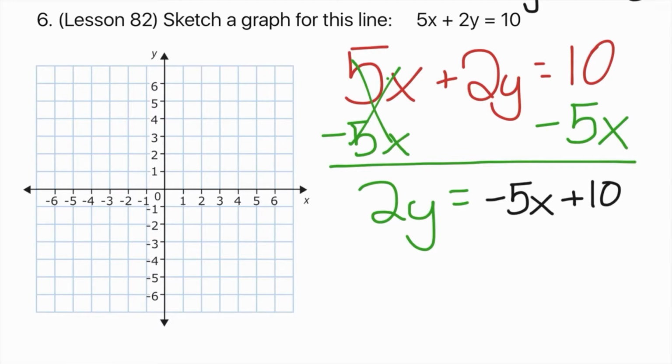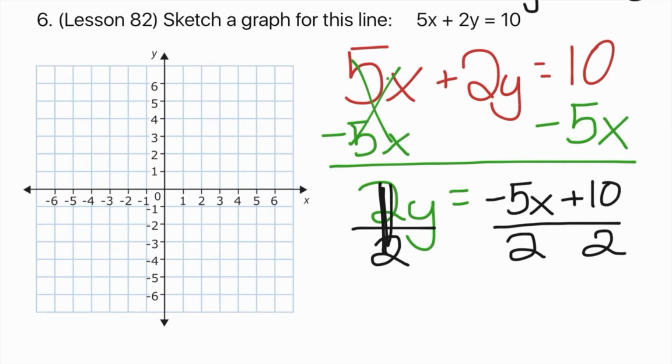Now I need to get rid of the 2 in front of the y. So since they're being multiplied, I need to divide by 2. And I have to divide the right side by 2, and I have to divide each term by 2. So my 2's on the left cancel, and I'm just left with y. And then I'm going to keep the negative 5 over 2 in fraction form because it'll make it much easier to see what's the rise and what's the run.